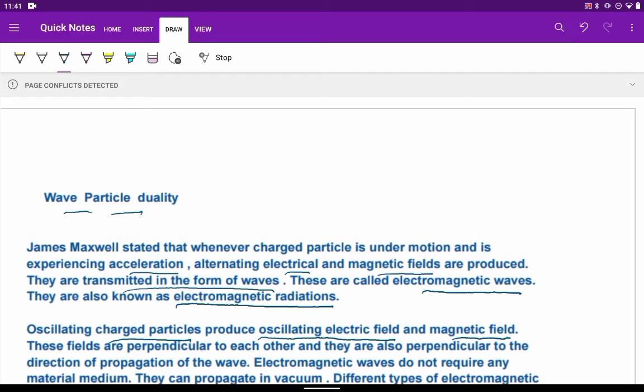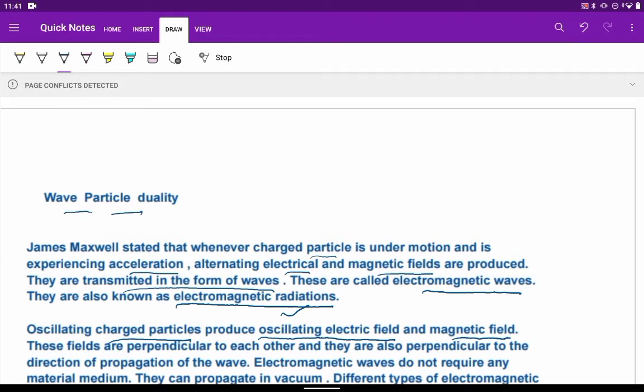James Maxwell had stated that whenever a charged particle is in motion and is experiencing some acceleration, alternating electrical and magnetic fields are produced. They are transmitted in the form of waves. We can call them electromagnetic waves or electromagnetic radiations.